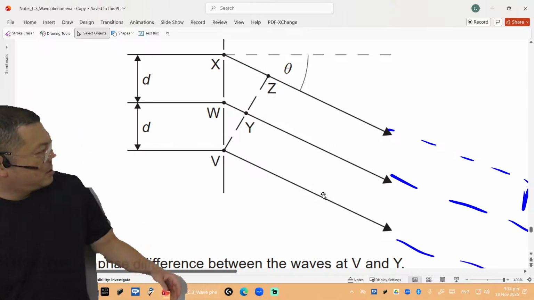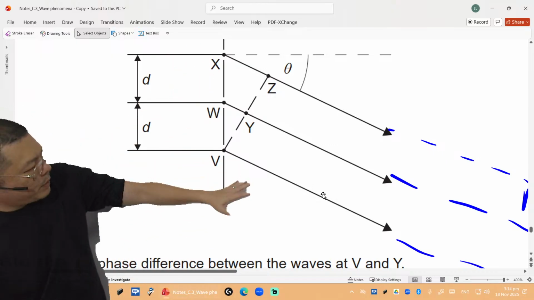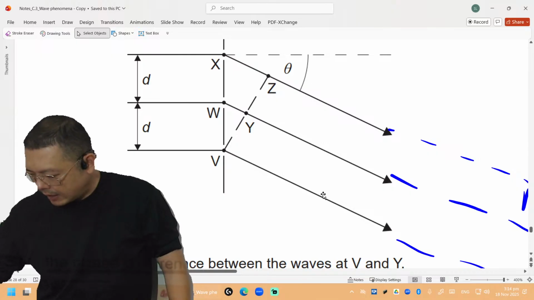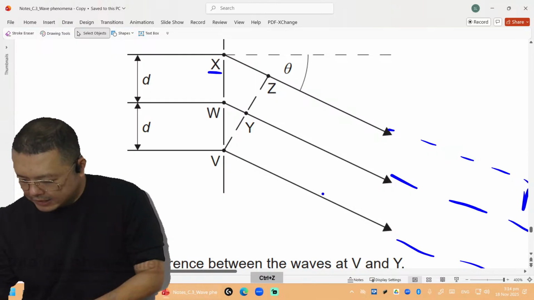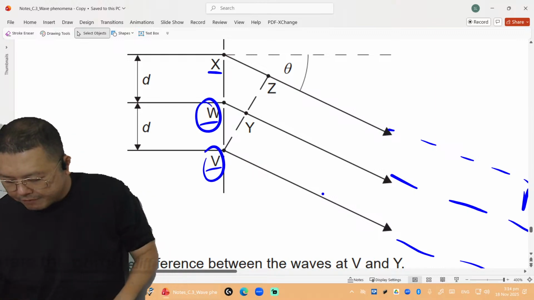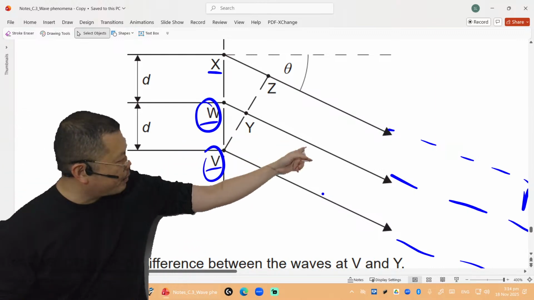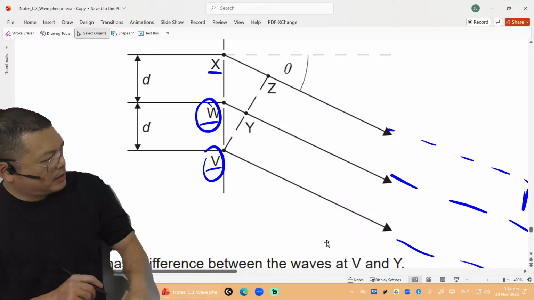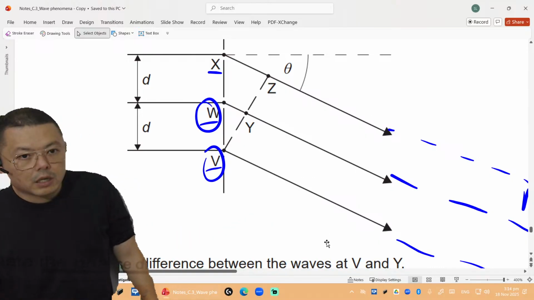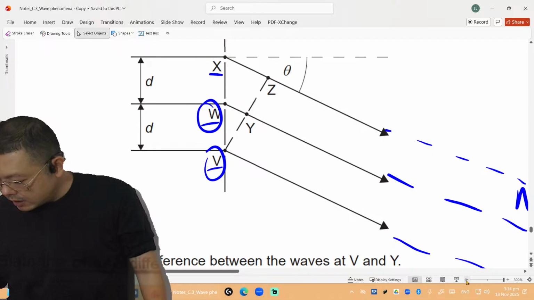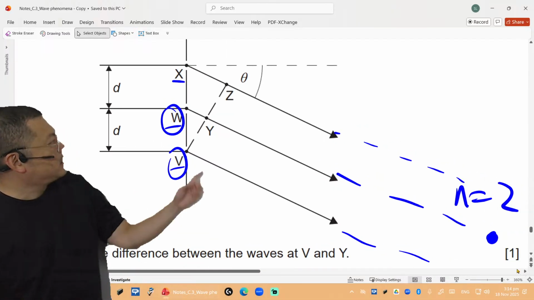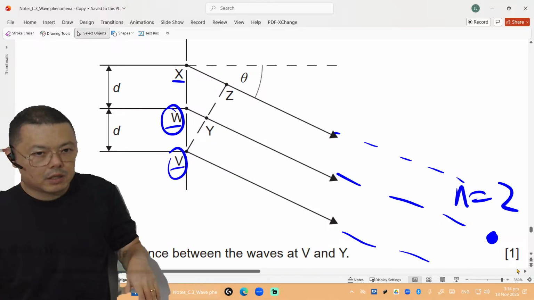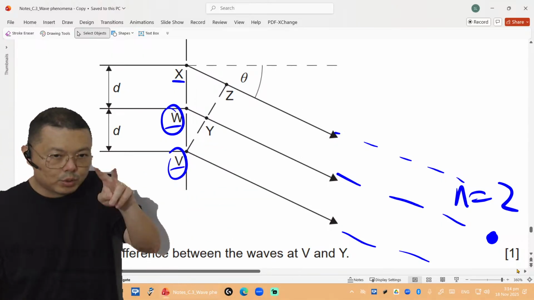Let's say we label them X, W, and V. Let's say between W and V, the light ray coming out from W and the light ray coming out from V. Which one is longer? W is longer, right? By how much? 2 wavelengths.